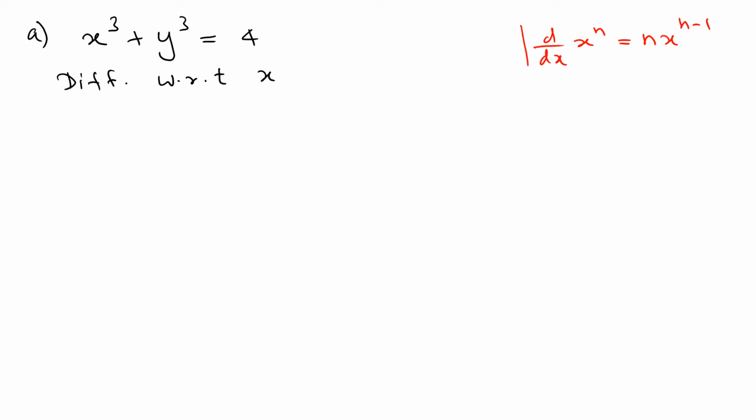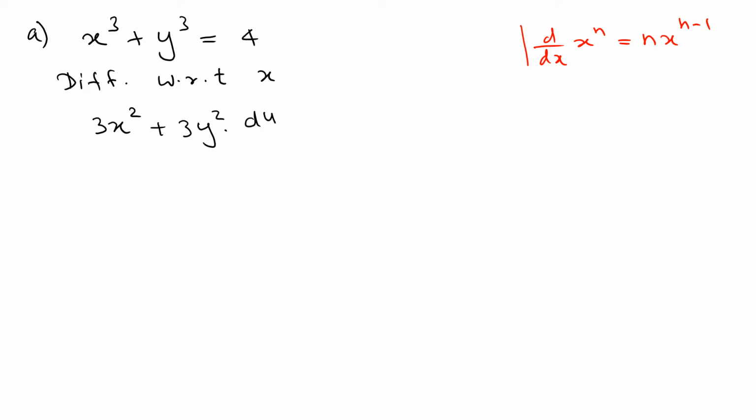If we use that, we get 3x squared, that's the derivative with respect to x, plus, you can see the next term is not x, so it's a function of y. We take the regular derivative, 3y squared with respect to y, and then we multiply by the derivative of the inside function.